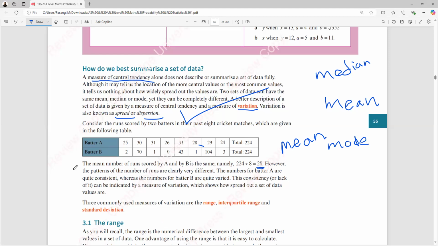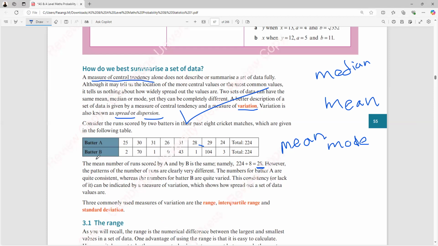However, the patterns of the number of runs are clearly very different. The numbers for batter A are quite consistent, whereas the numbers for batter B are quite varied. See here, 2 and then 70, 1, 0.